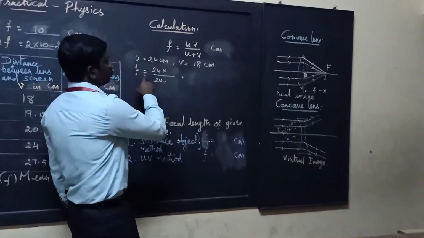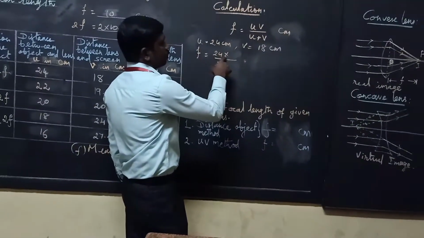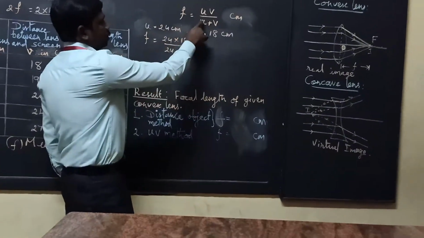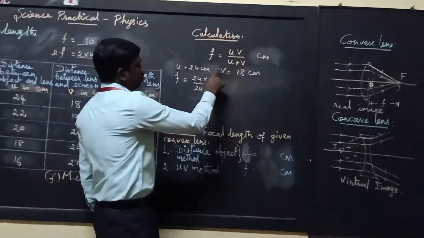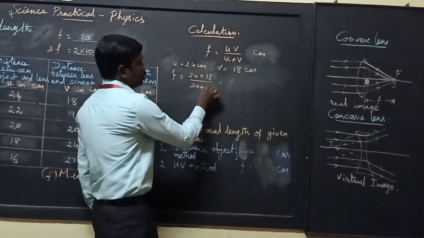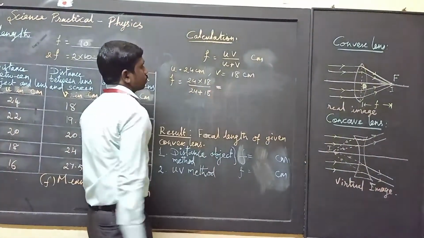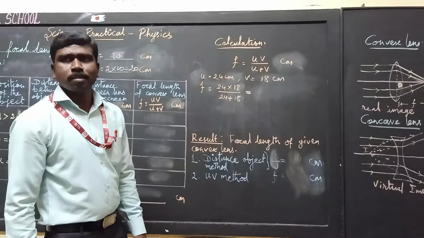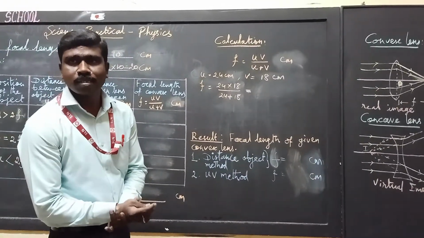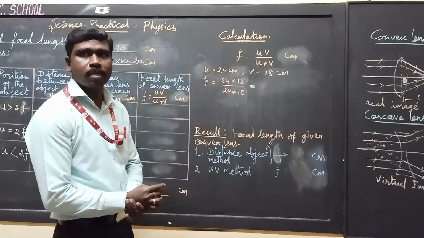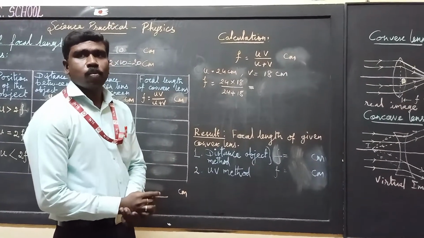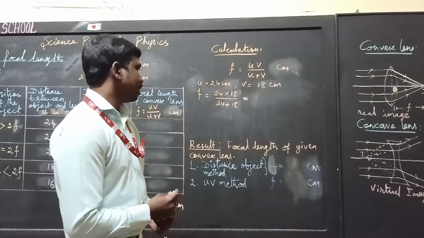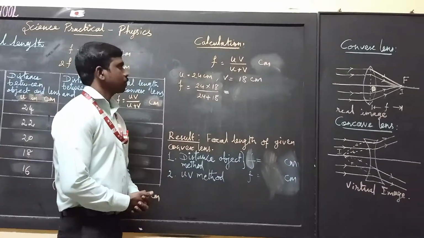F is equal to U value 24 into V value 18 divided by U value 24 plus V value 18.